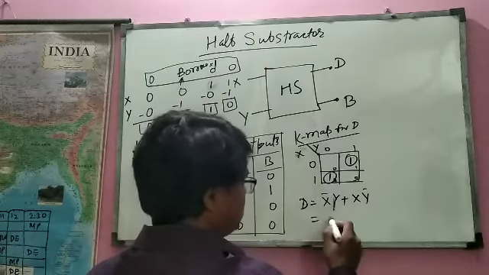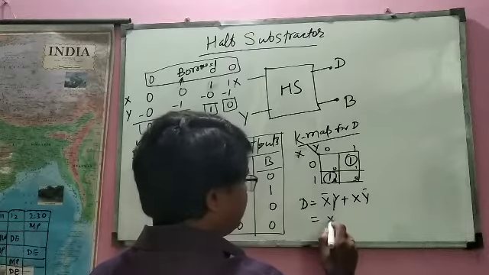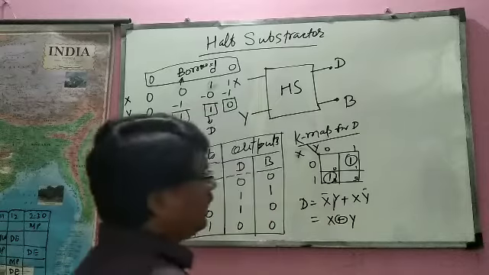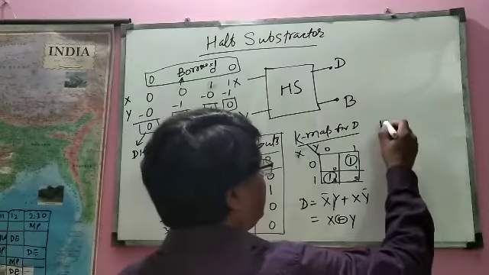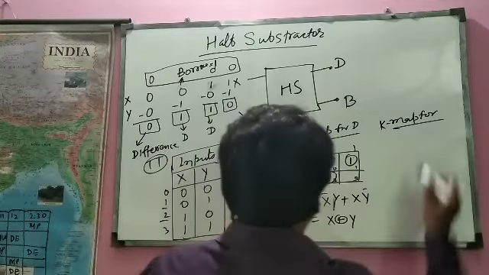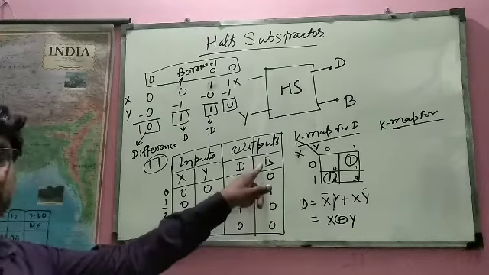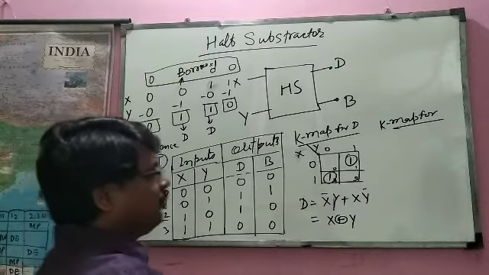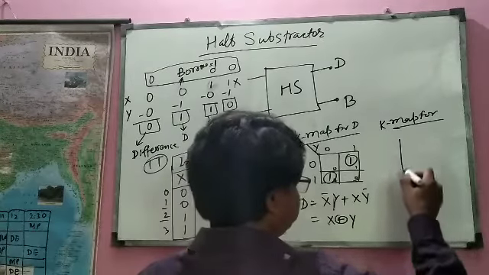So what is this? This is nothing but the XOR gate, X XOR Y. That is very simple. Now we will calculate the K map for B, the borrow. It has only one value, so it will be very simple. We will see.